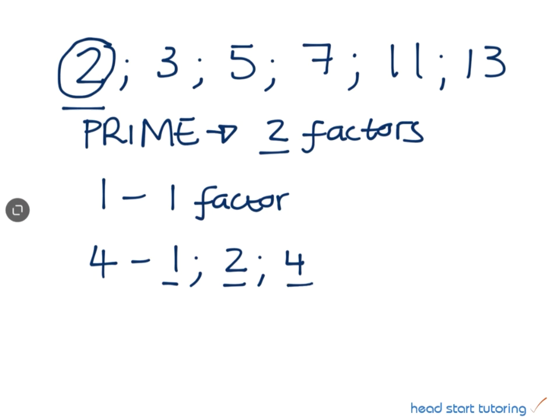So as you can see, if it wasn't for the number 2, 4 would be a prime number, but because 4 is an even number, 2 will always fit into it. 2 will fit into any even number. So 4 is not prime.